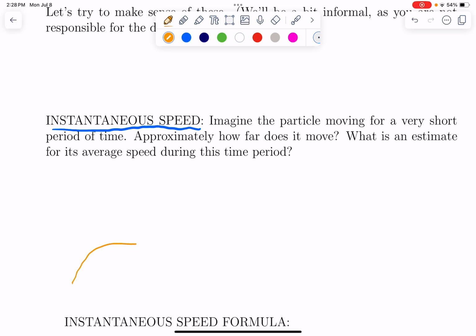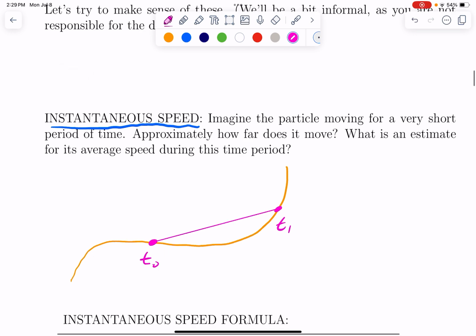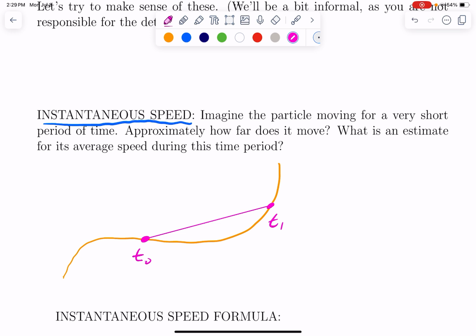We have a particle that moves along this path, and maybe here is where it is at one time, and here is where it is at another time. We basically want to figure out what its average speed is.